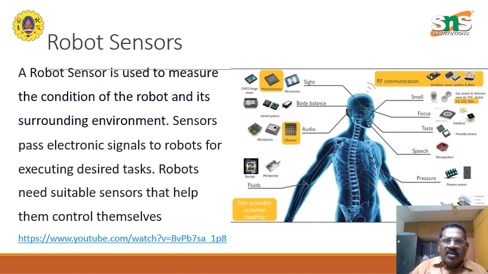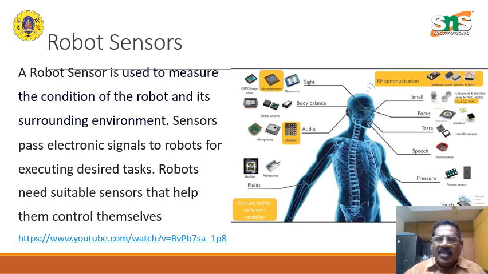Now moving on, we will look at the sensors that are being used in robots. Robot sensors are used to measure the condition of a robot and its surrounding environment. The sensors pass electronic signals to the robots for executing desired tasks. A robot is more like a human being.